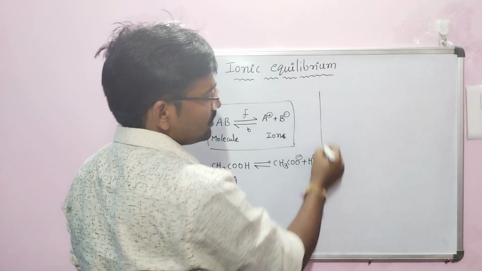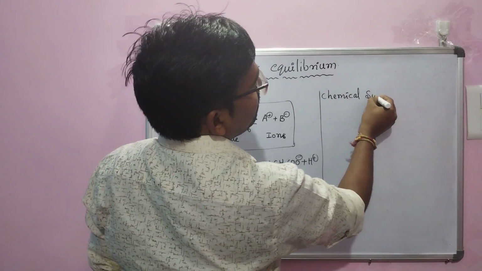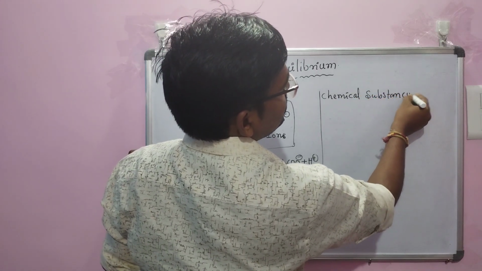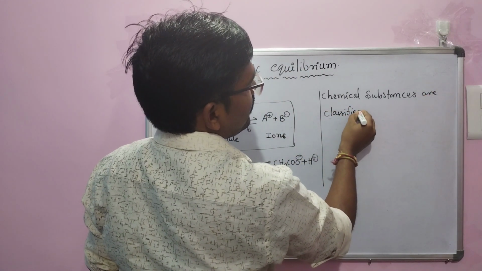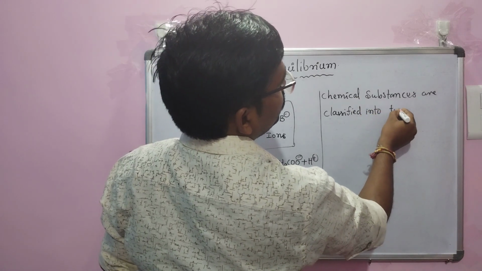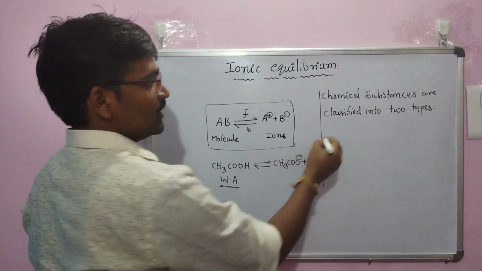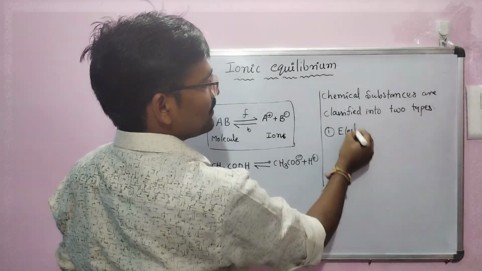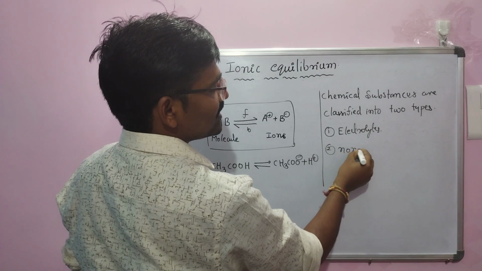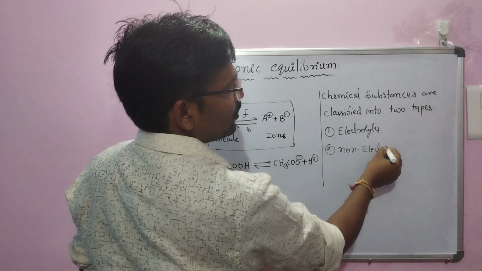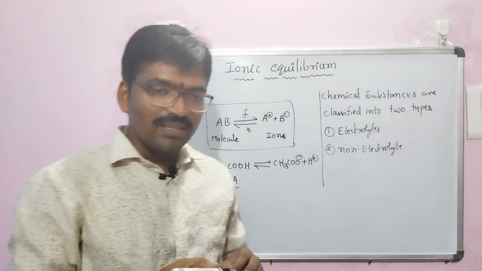Chemical substances are classified into two types based on passing of electricity: electrolytes and non-electrolytes.